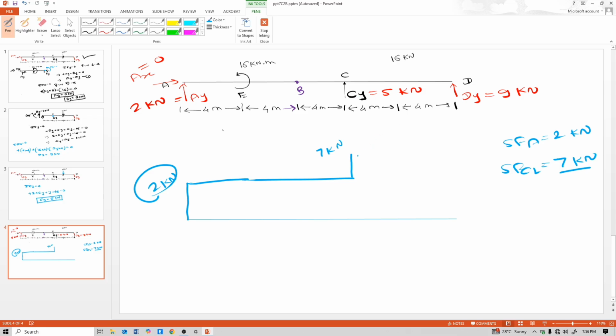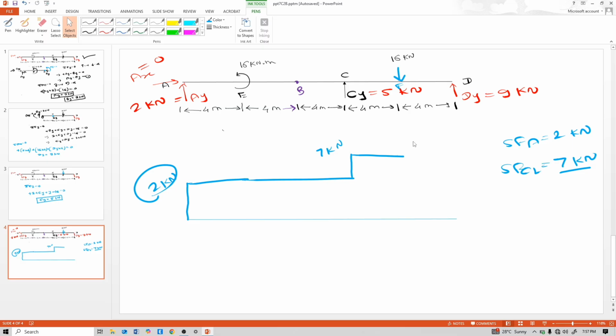See, between C to D there is also no load, no load, that means horizontal line. And at point F, see here one force is up, and here 16 kilonewton downward force.